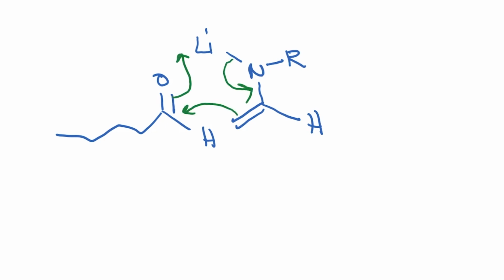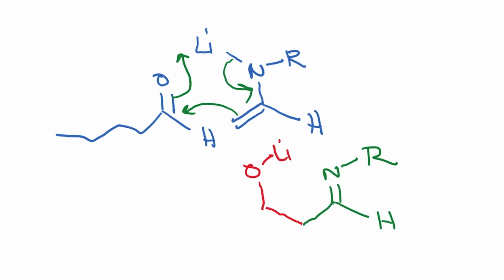This goes up here, and the product that is formed is C double bond N. This R remains the way it is. This becomes a double bond. The hydrogen remains here. This is the carbon-carbon bond from before, and this is the new carbon-carbon bond that is formed. There's an oxygen. The lithium is now bound to this oxygen. Perhaps there's some weak interaction over here, and the rest of the carbon chain remains this way.